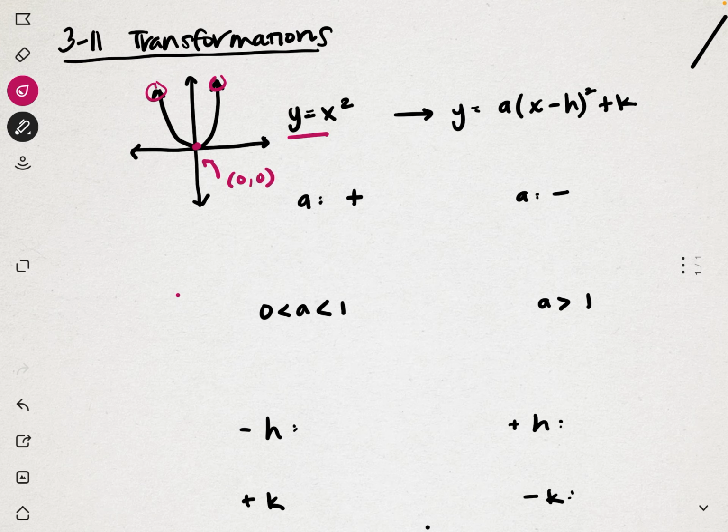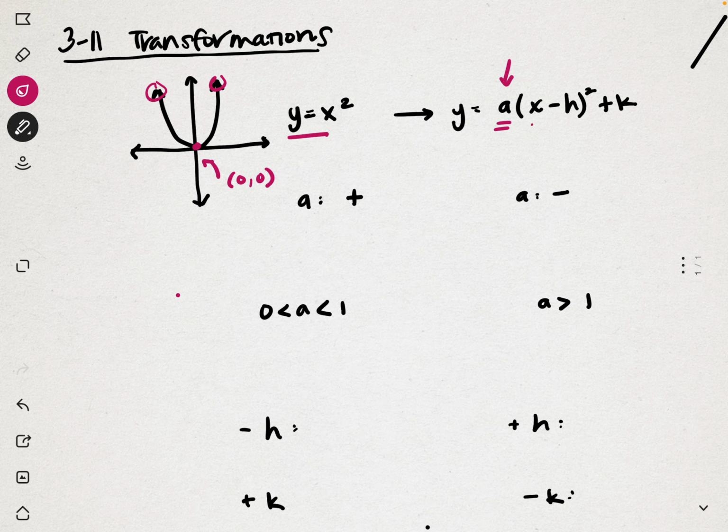Now what we can do with this base graph, the standard y equals x squared graph with nothing transforming the parabola, is add things to it. If we have a number in front, we'll call that a, and we'll see what a does to the graph of our parabola.